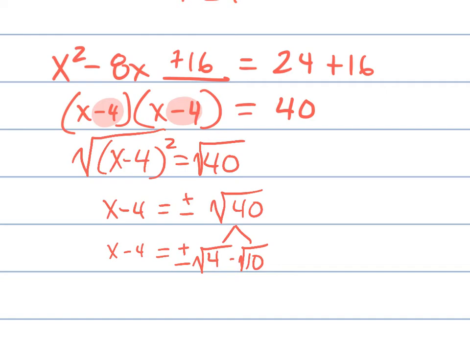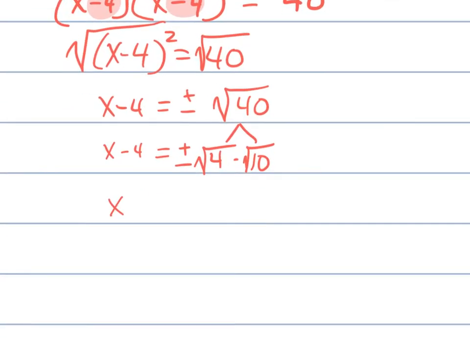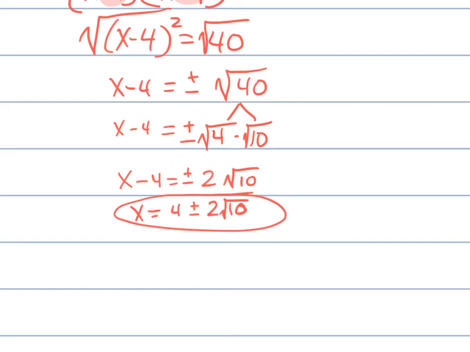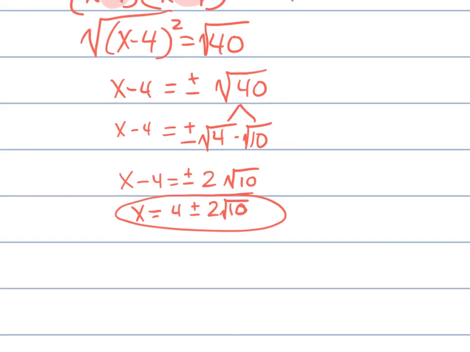Do you break down the square root? If you can break them down, we have to break them down. So x minus 4 equals plus or minus 2 square root of 10. And then you plus 4. So x equals 4 plus or minus 2 square root of 10.